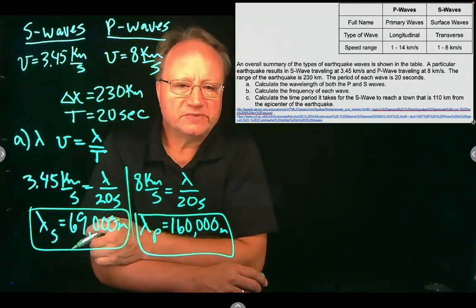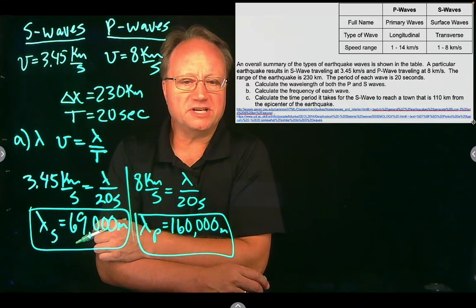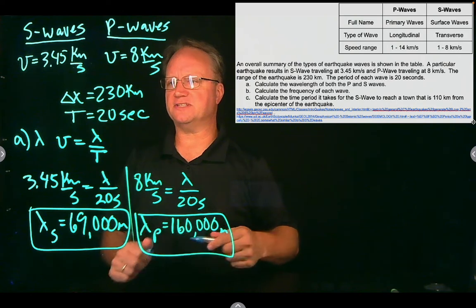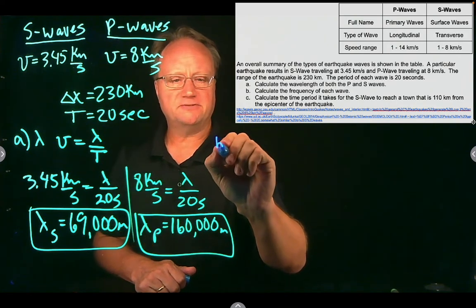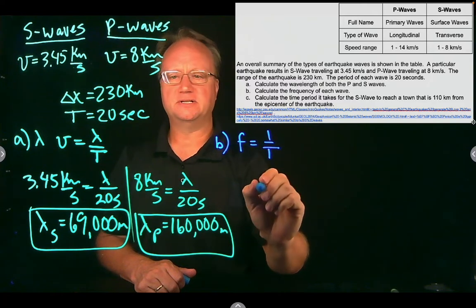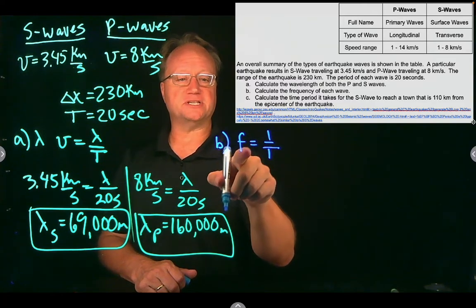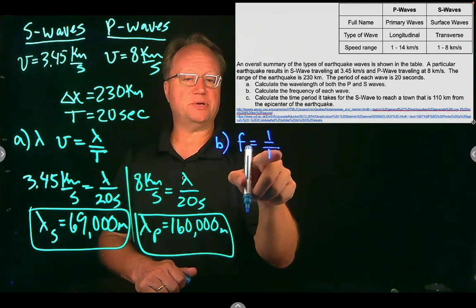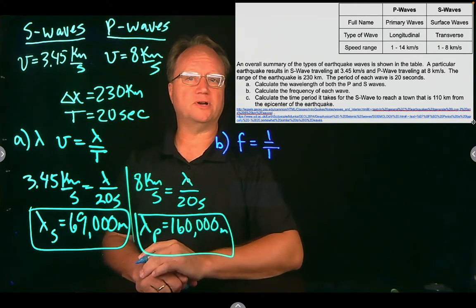Part B, calculate the frequency of each wave. Well, if we want the frequency of each wave, considering what we know, frequency and period are inverses of each other. So then frequency is the number of waves in 1 second, and period is the time for one wave.